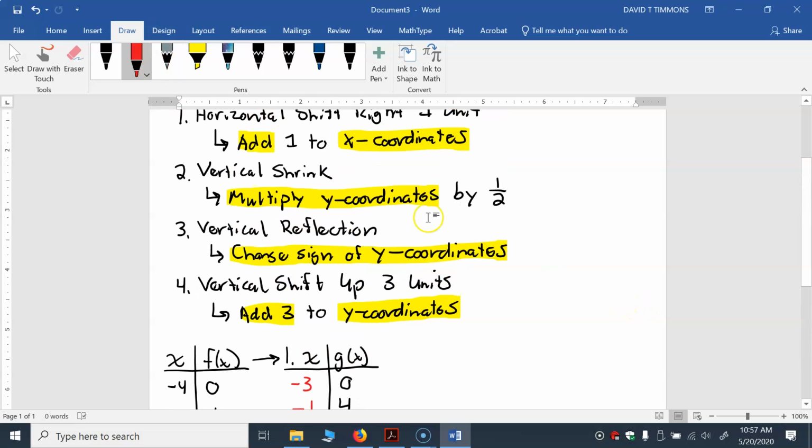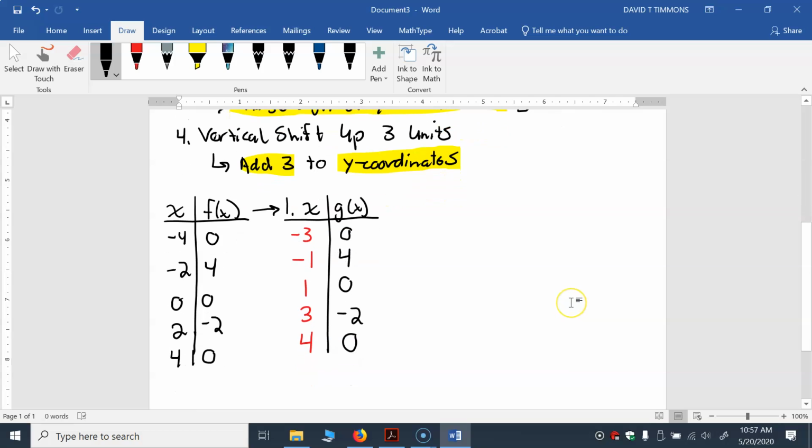And then our next manipulations. Now sometimes it depends on how the problem works out, but if you look at the vertical shrink and the reflection, parts 2 and 3, we're multiplying the y coordinates in each step. So one thing you could do, because you're multiplying the y coordinates in each step, is combine these and multiply by -1/2, right? We're going to multiply by 1/2 and then multiply by -1. We can do that in one step to be a little more efficient if you'd like.